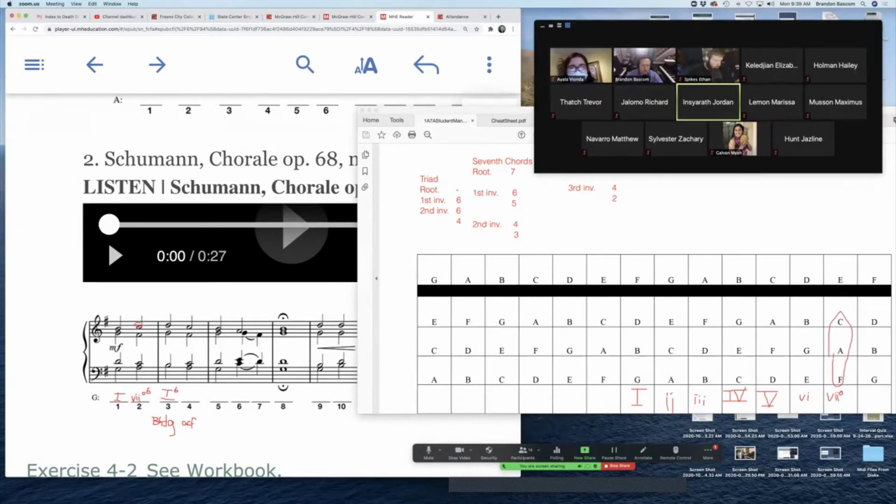Good. And it's not in root position, so what do I got to do? A, C. It's in first inversion. So I'm going to write 6. Good. Maya, next chord.